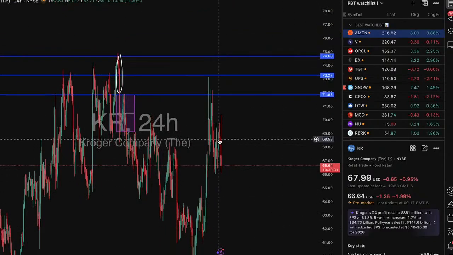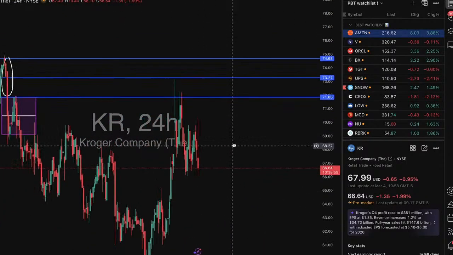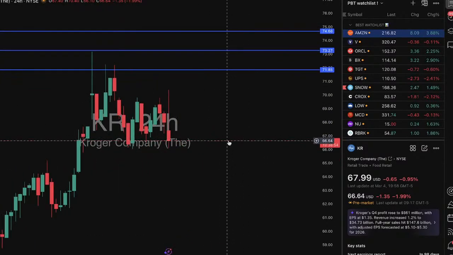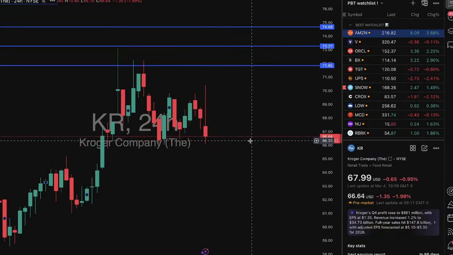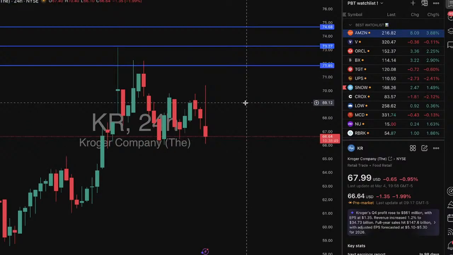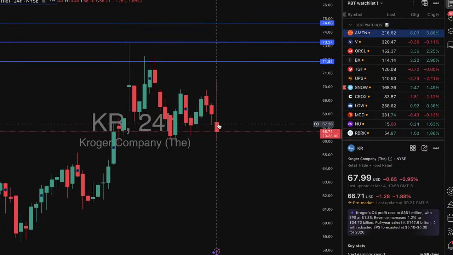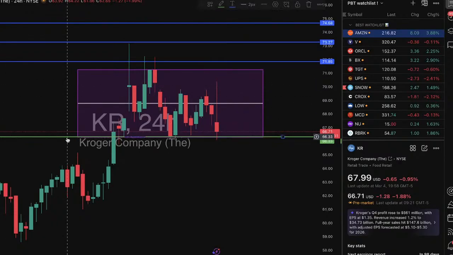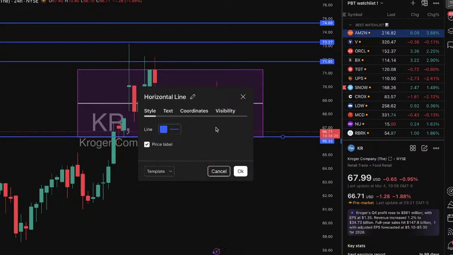Yeah, on KR, we can take a look at this. Actually, I did have above that 71.85. You know what? That doesn't look bad. It doesn't look bad. Not saying this is gonna hit or anything, but we do got some empty space under us.